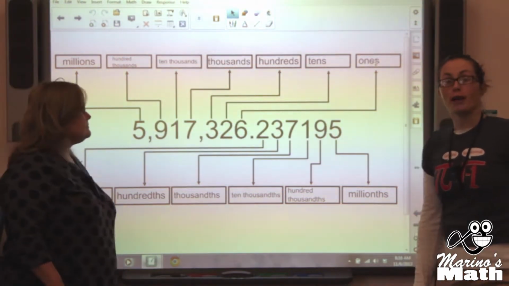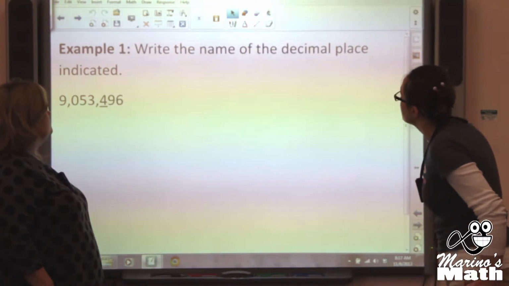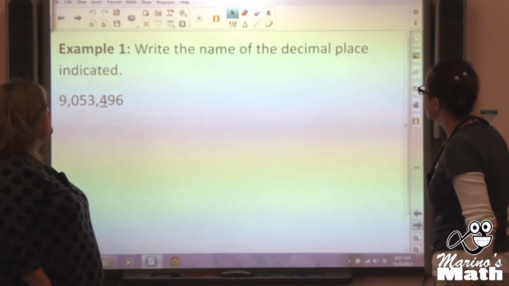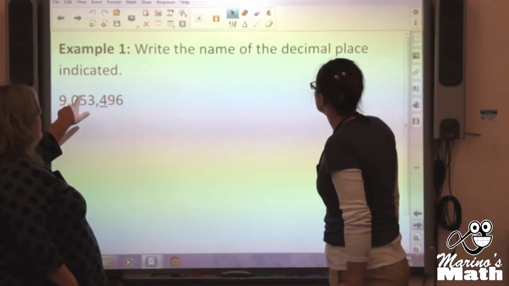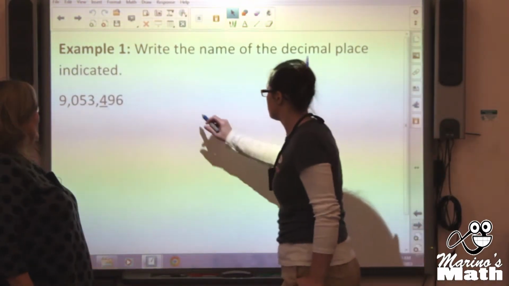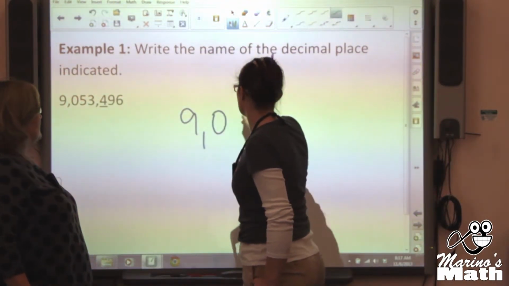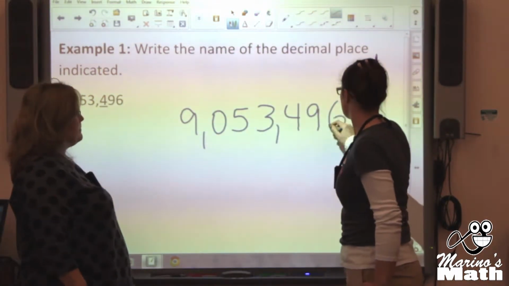All right, going on to example 1, which states, write the name of the decimal place indicated. So let's see, can we move this over a little? Oh no, we can't. We can rewrite it though. So we have 9,053,496.